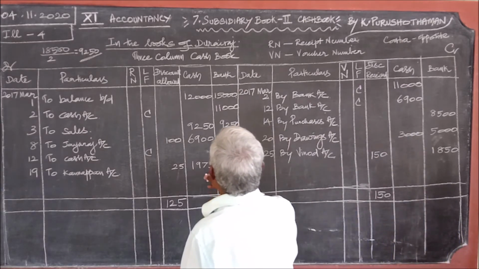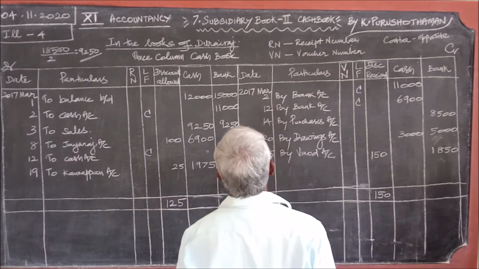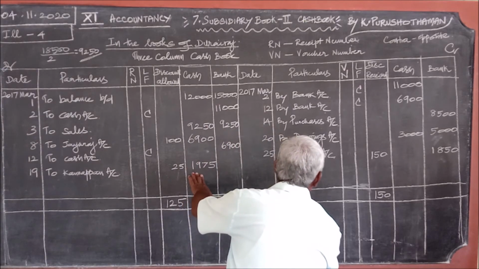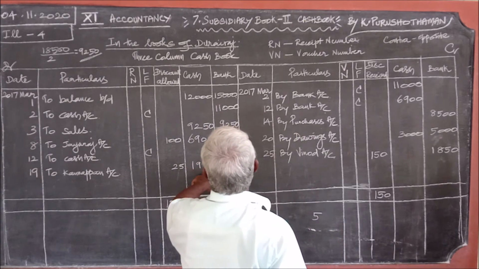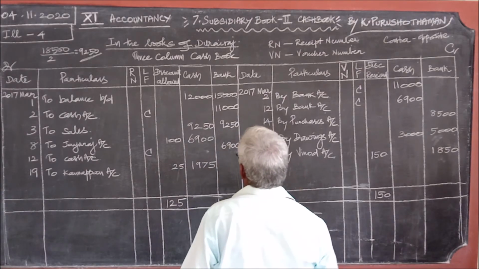First, we shall see the cash column. What is the cash column? Debit side total, we shall find it.